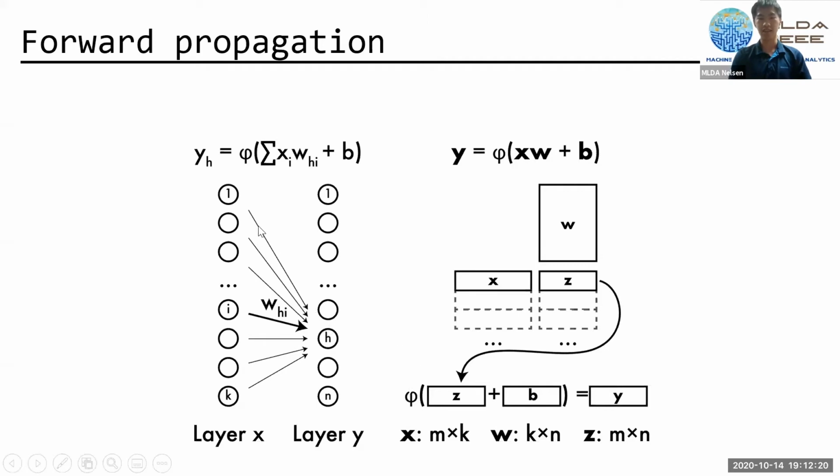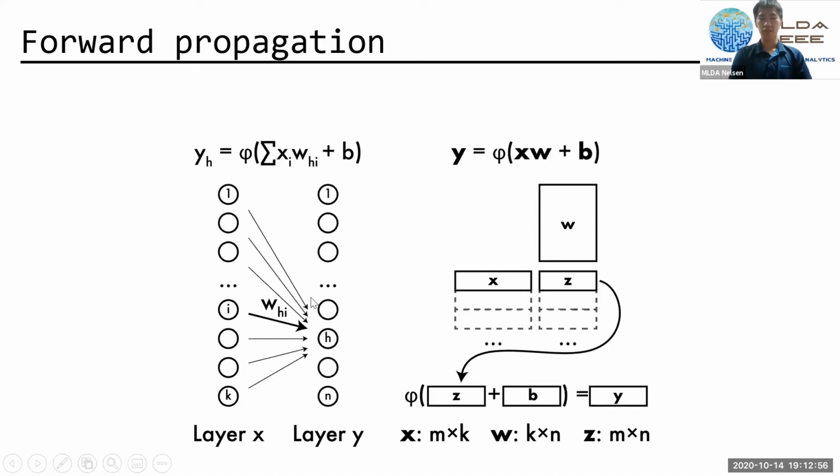If you see here, there are k neurons in layer X and n neurons in layer Y, then each neuron in layer X will be connected to every node in layer Y. The connection between the first layer and the next layer has a weight. The weight gives the strength of the connection between the first neuron and the second neuron in the other layer.